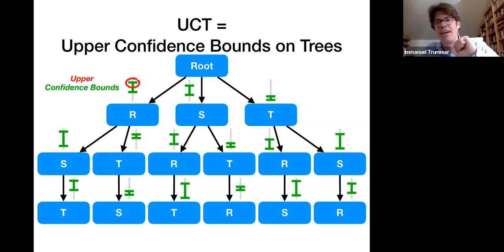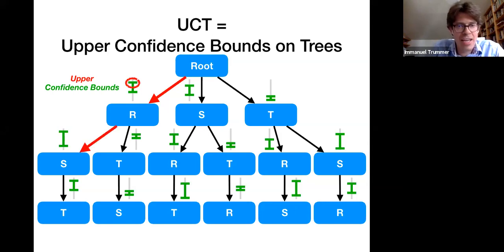So here in each episode, we start from the root node, and we select the child node which has the highest upper confidence bound. So that's an optimistic estimate of the quality for the corresponding subtree. And we continue doing that here after selecting table R as first table.